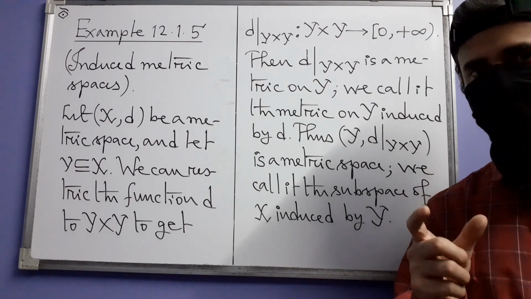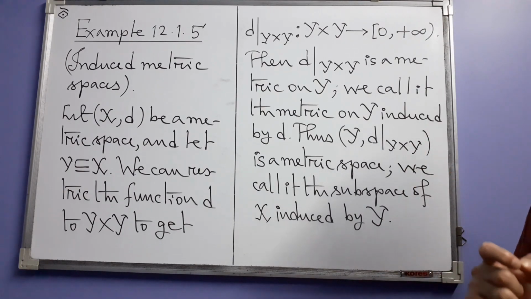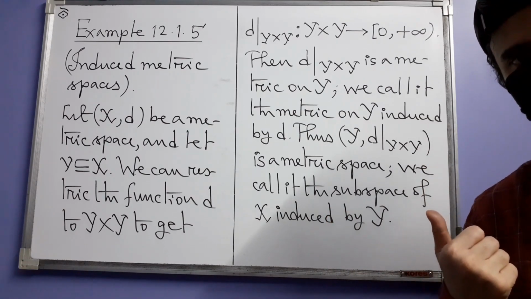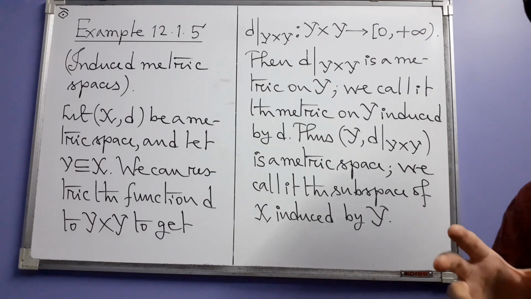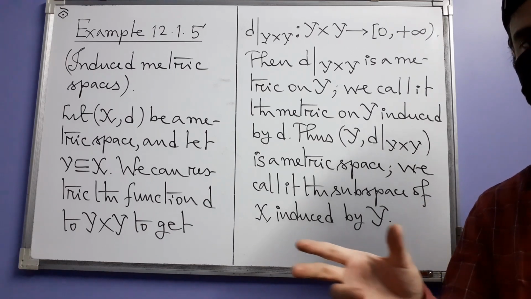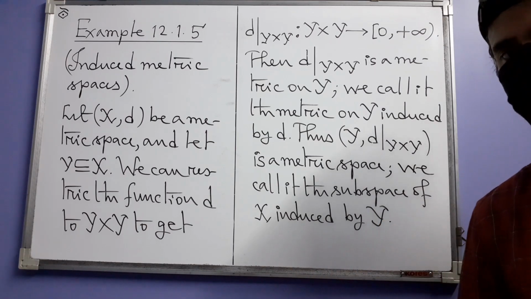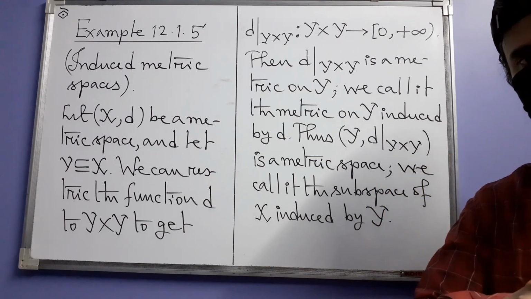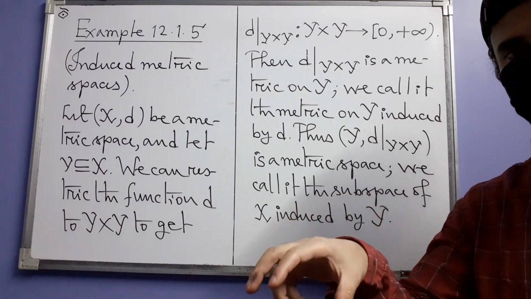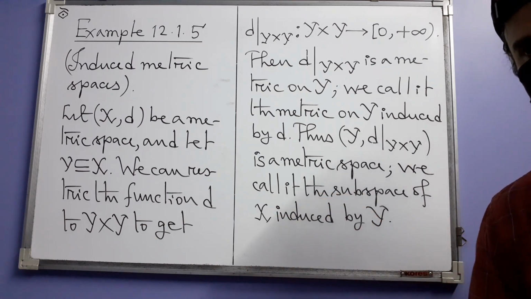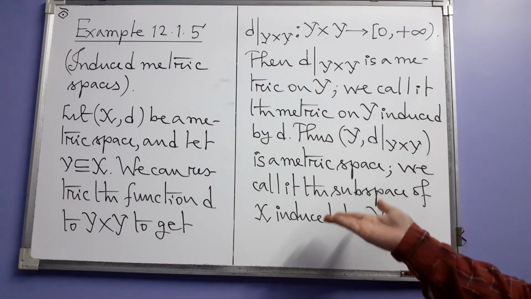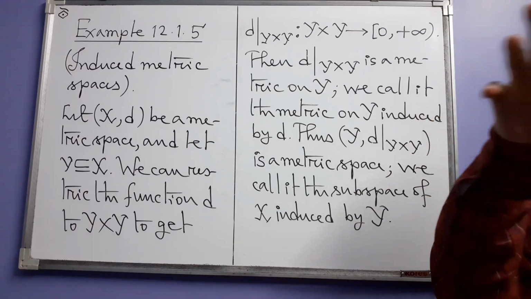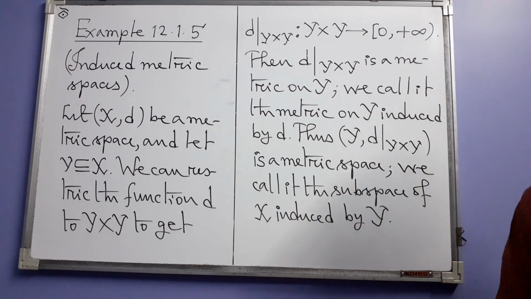If you consider the subset of rational numbers, you get the metric space of rational numbers, which is in fact the first thing we did when we were constructing the system of real numbers. So before getting to the metric space of real numbers, we got to the metric space of rational numbers. We can have that in the other direction also: from the real numbers, we can go to the subspace of rational numbers.